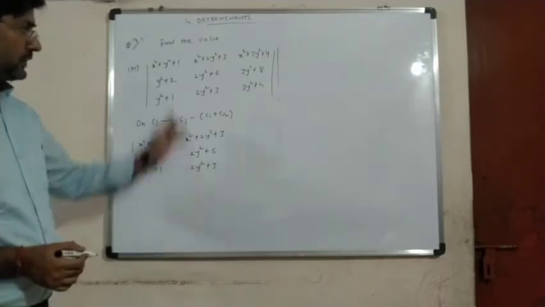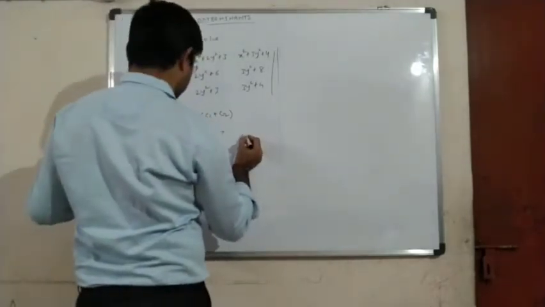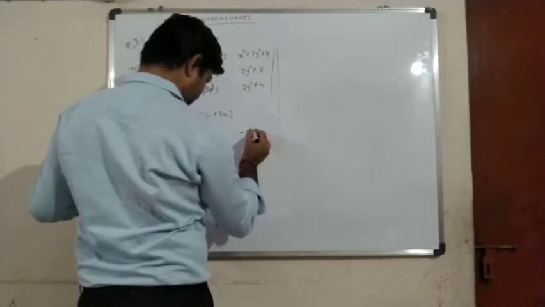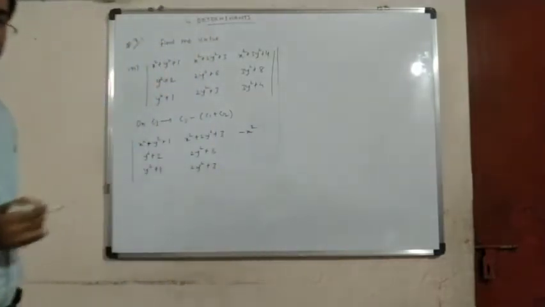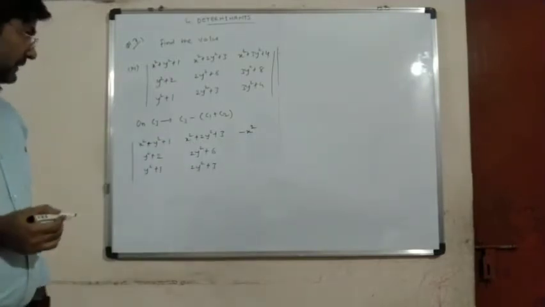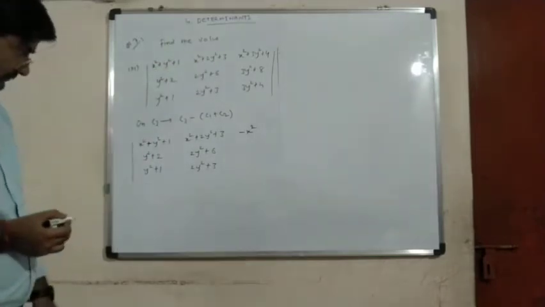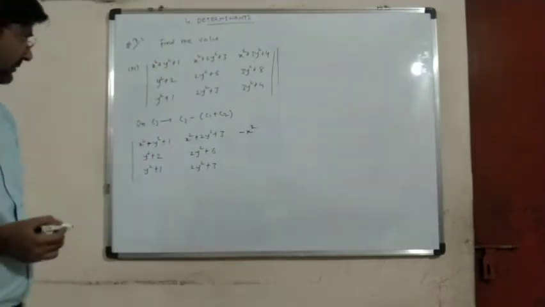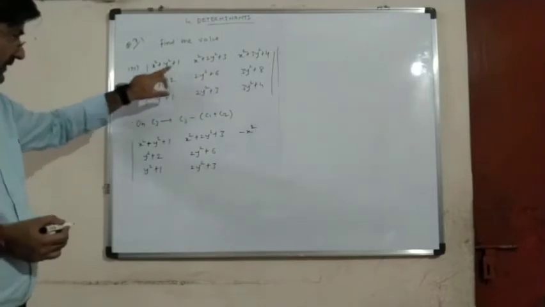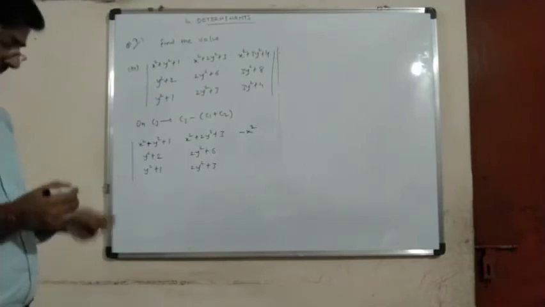Now if you add x square plus x square, 2x square plus 3y square plus 4. And if you subtract, you will get over here minus x square only: x square minus 2x square is minus x square. In the top element of the third column, 2y square plus y square is 3y square, 3 plus 1, 4 will get answered.